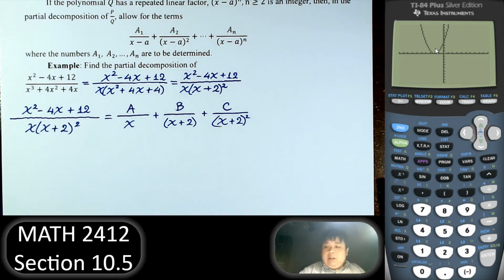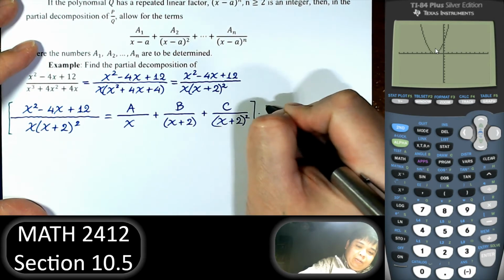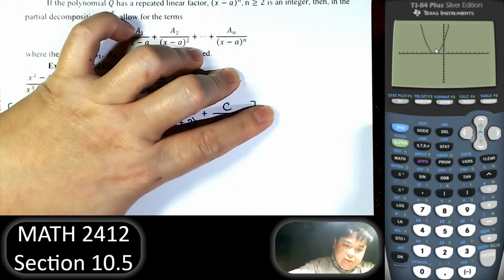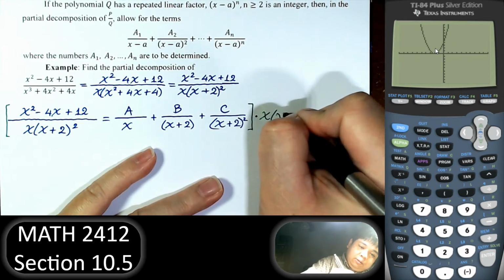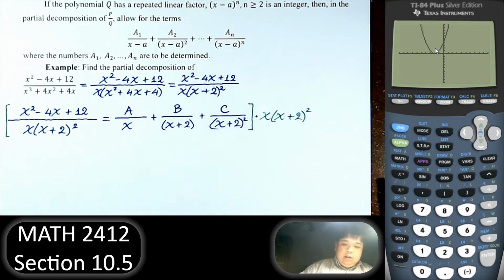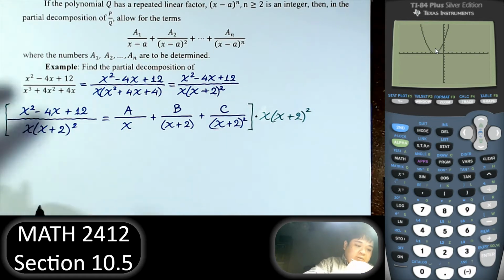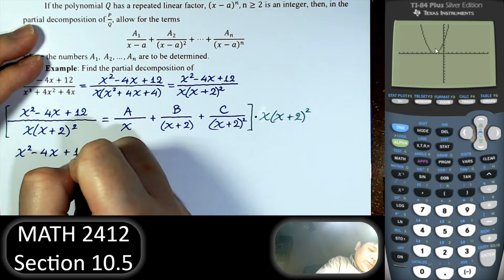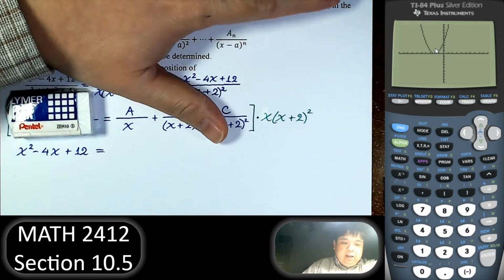Now what we do here, of course, is multiply by the common denominator. It will be just that, right? When we multiply the first term, the denominator cancels out, we just have the top. Now multiply by the first term here.